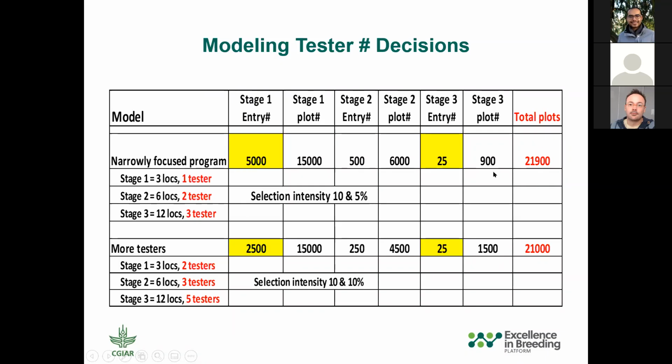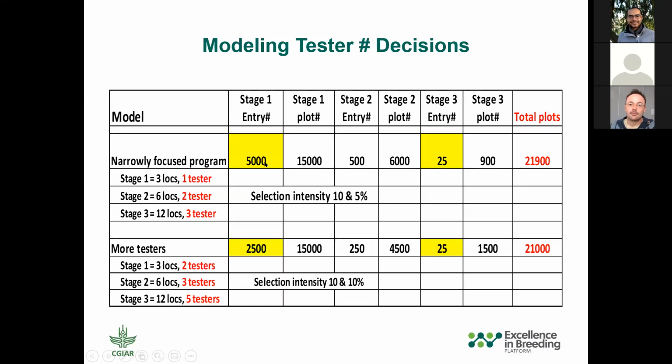Okay. Well, here's one model with a standard number of locations doubling at each stage, but differing in tester numbers. You have to work this math, and at stage 3, this is when you're going to code the inbreds, and that's typically a bottleneck, and you have a fixed number there that you can afford because other developments get more expensive at that time.